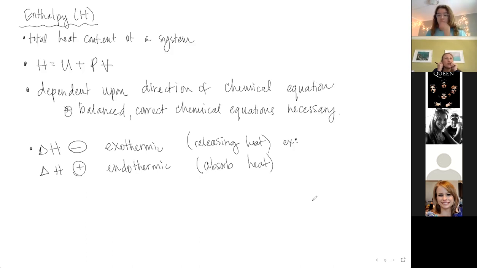I'm not sure a stove is a great example of a chemical reaction that's exothermic, because a lot of times it's just electrical. But I guess maybe, well, gas is just having a fire. Yeah, I'm not sure a stove is a great example.